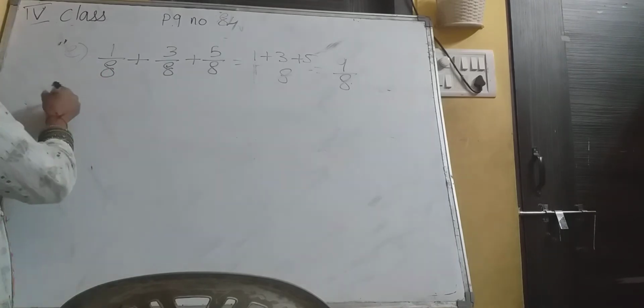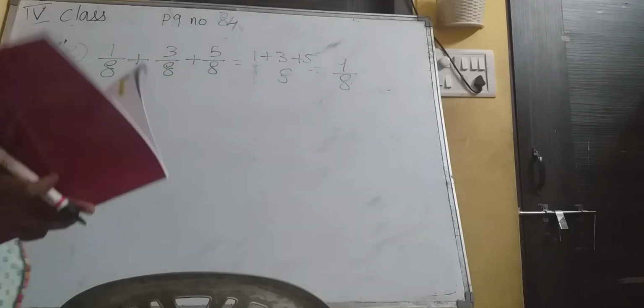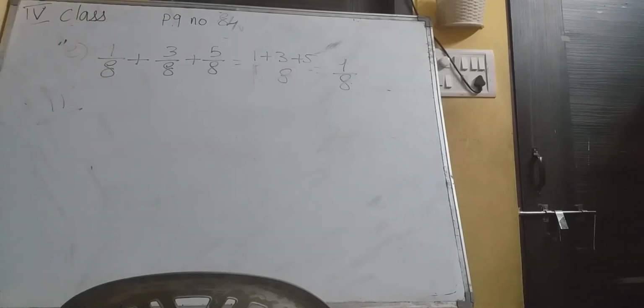Second bit, children. What you are going to do? Add the following unlike fractions.